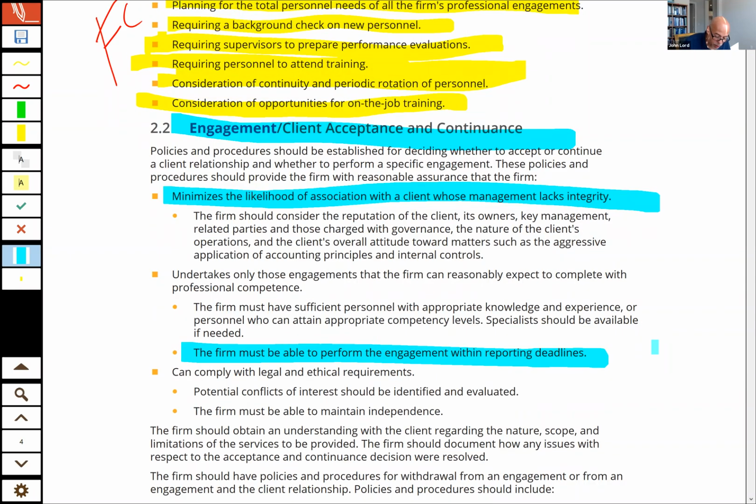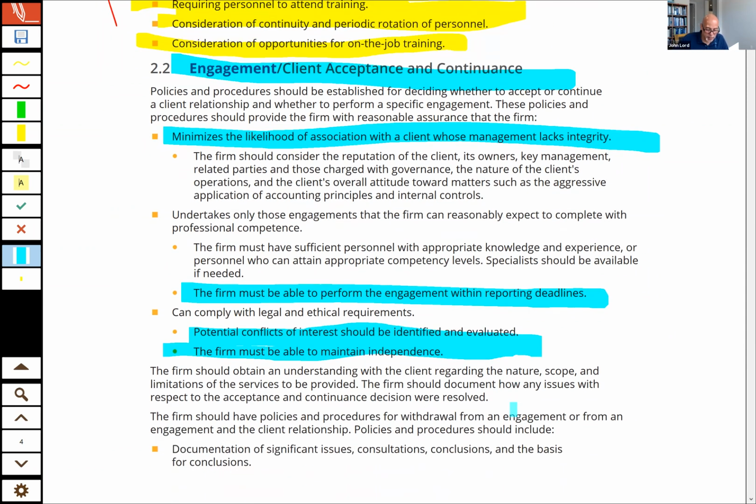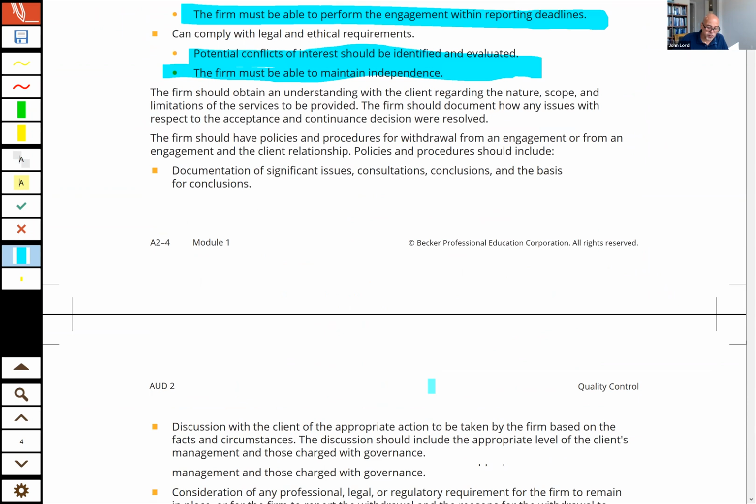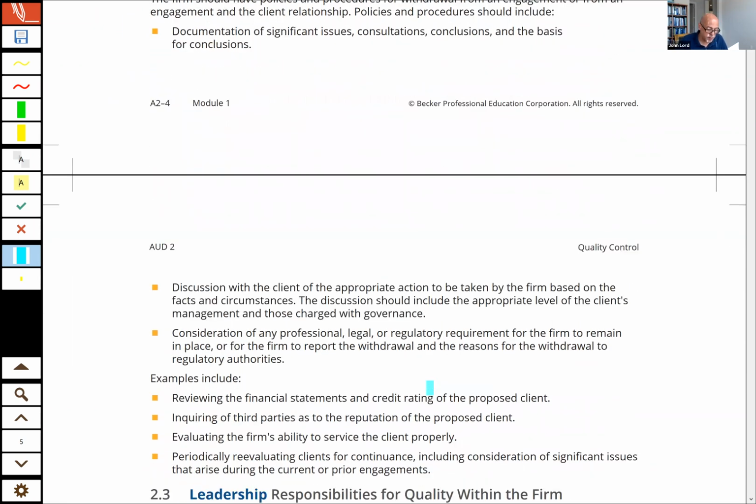Okay. Also, we need to make sure that we are independent. Okay, so we have to make sure that we're avoiding potential for conflict of interest. Now, again, these are the objectives of the client acceptance and continuance part of the quality control standard. So what would be some activities?